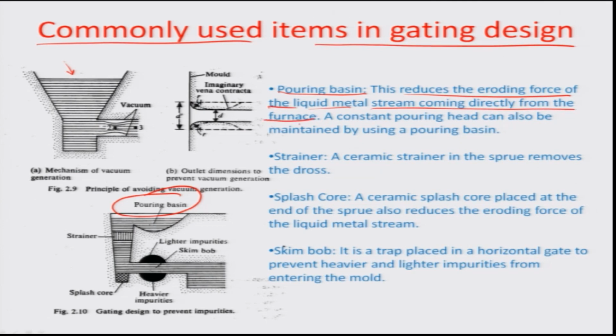A constant pouring head can also be maintained by using a pouring basin. So whatever stresses the mold has to take are along this region, without letting the actual mold shape get distorted.